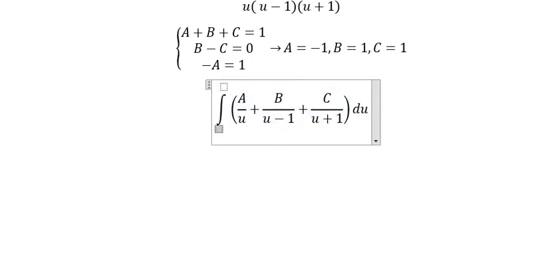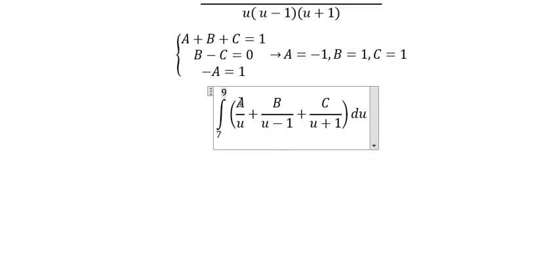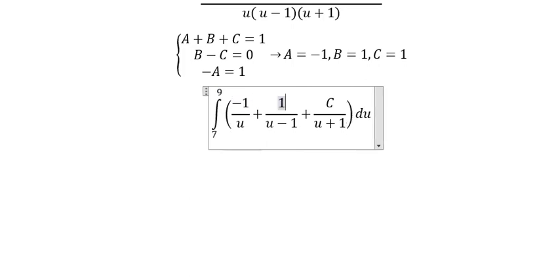So this one we have 7. This one we have 9. A we change by negative 1. B we change by 1. C we change by 1. And now we have the final answer.